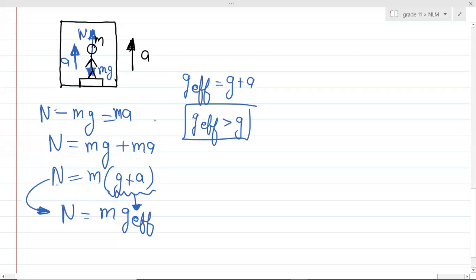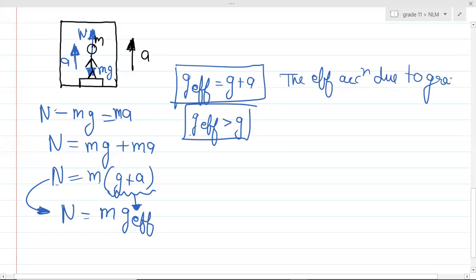Okay? Is this clear, guys? The effective acceleration due to gravity has increased. Shall I write it this way? The effective acceleration due to gravity has increased from its usual value.